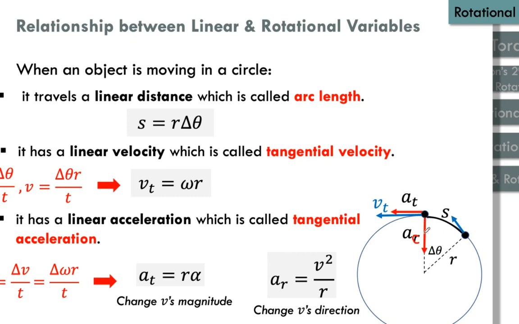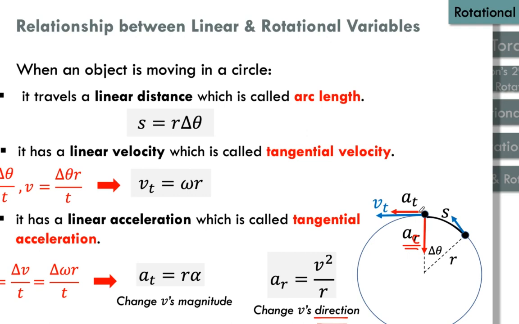This inward force causes a net acceleration. That acceleration, which we call radial acceleration, a sub r, or radial or centripetal acceleration, a sub c, is responsible for the change in the object's tangential velocity.